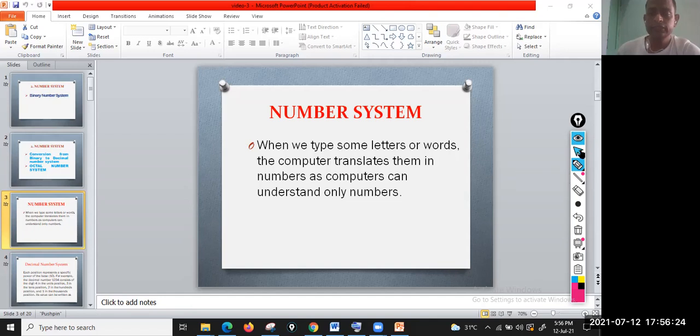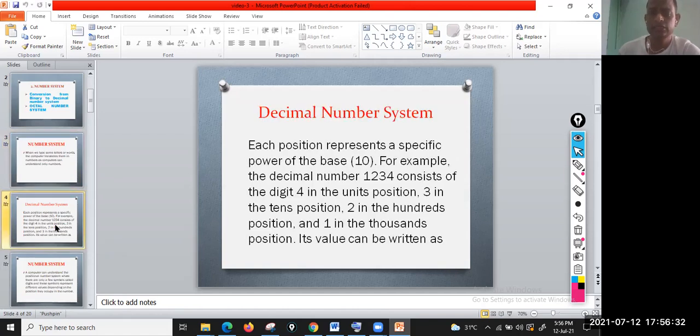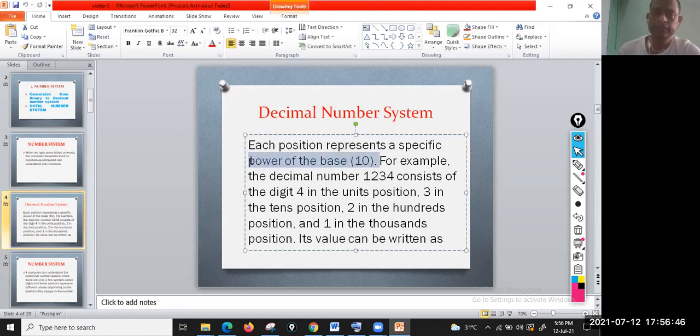So, the decimal number system. If you are familiar with it, it uses 10 digits, that is 0 to 9. Each position represents a specific power of base 10. Why is it base 10? Because it uses 10 digits, 0 to 9.